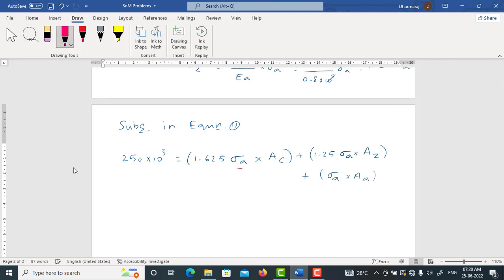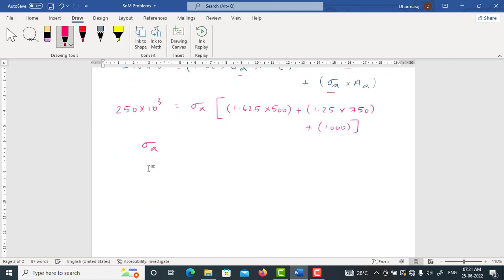Sigma A is common in all the terms, so we can take it outside: 1.625 into 500 plus 1.25 into 750 plus 1000.